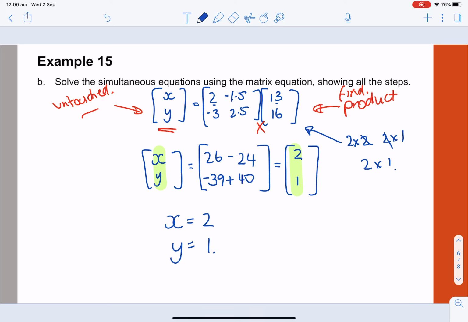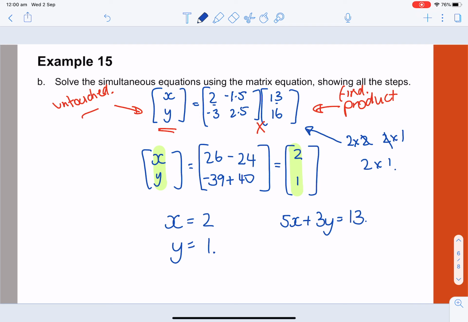That's it. So if you can't seem to find a number that looks sort of right, stick it back into the original equation. So we had 5x plus 3y equaling 13. Just double check.